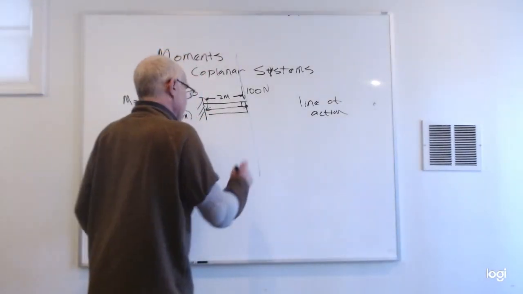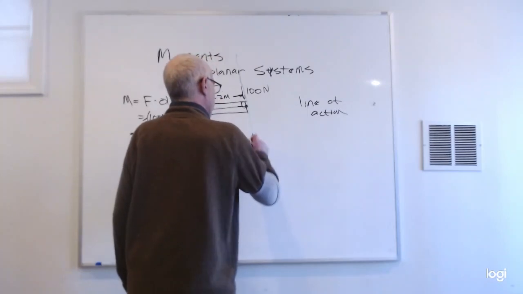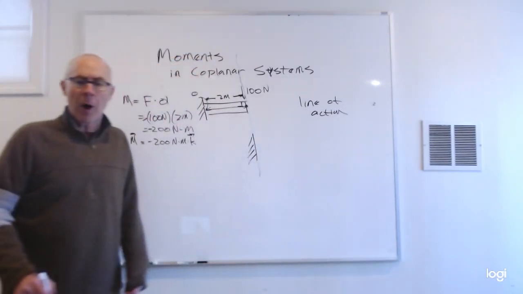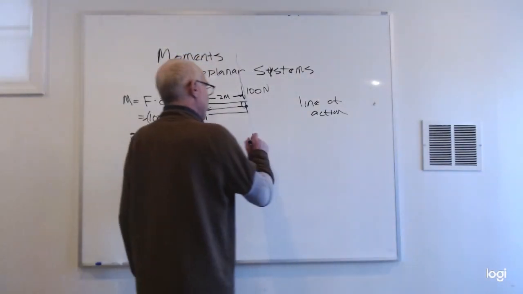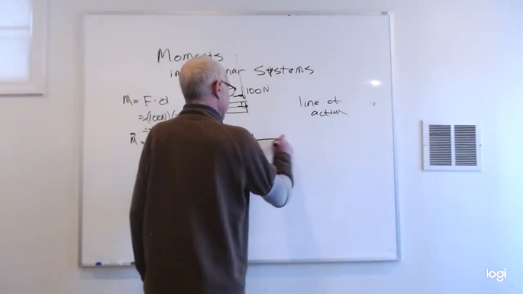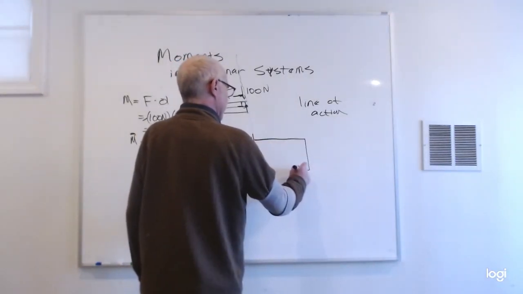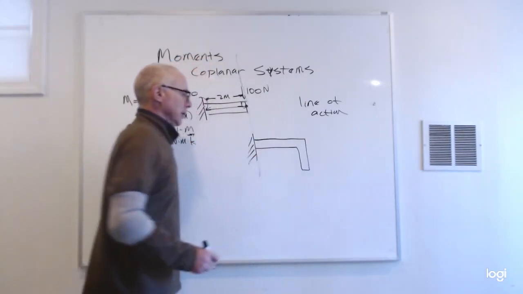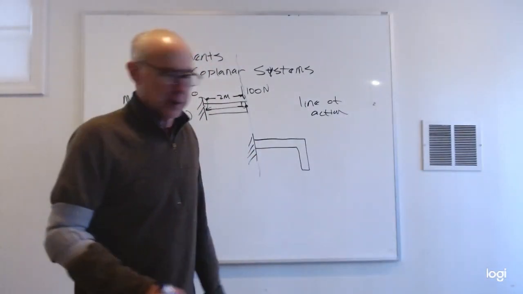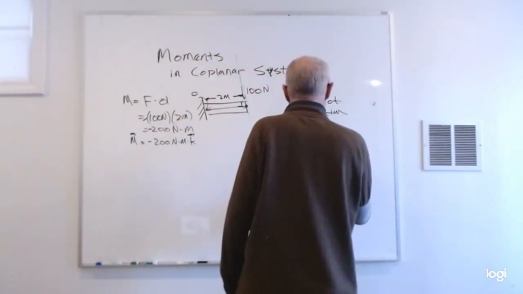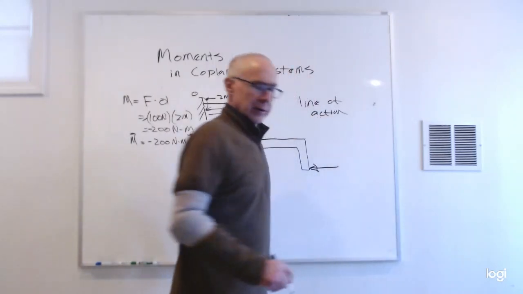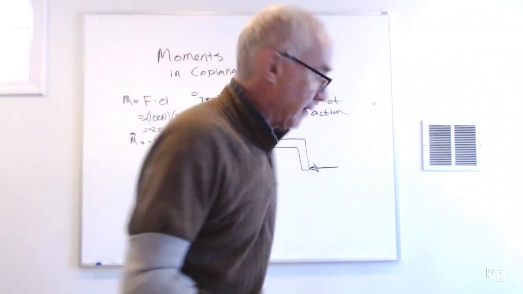Let's look at one more. Again, I'm going to draw my wall. In this case, I'm going to have my beam or pipe or wherever it is coming out of the wall like that. And I'm going to apply a force over here. All right, let me look at my notes.